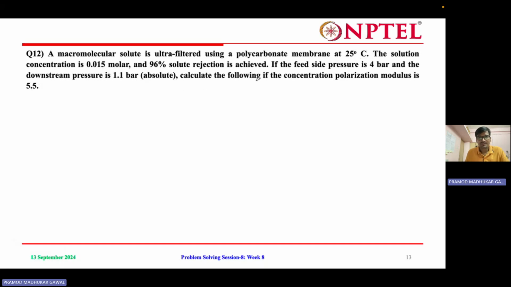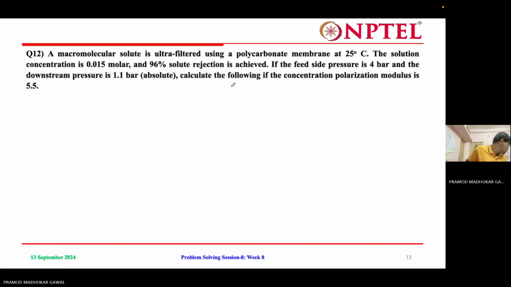And 96% solute rejection is achieved if the feed side pressure is 4 bar and downstream pressure is 1.5 bar absolute.